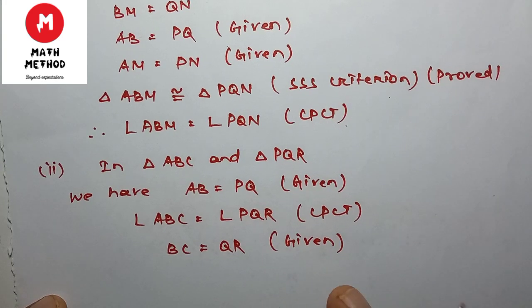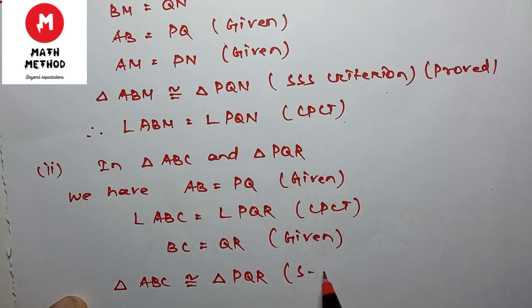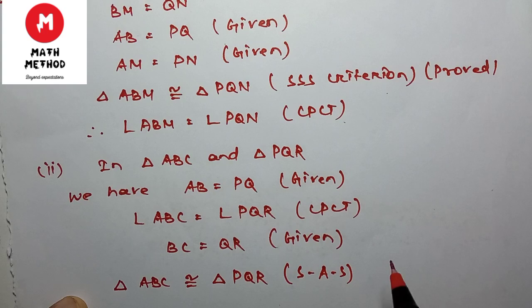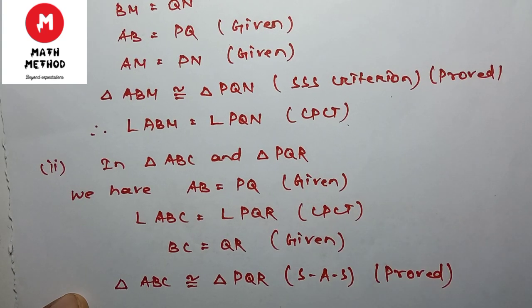Therefore, by side angle side criterion, triangle ABC is congruent with triangle PQR by SAS criterion. Both triangles are congruent. This is proved.